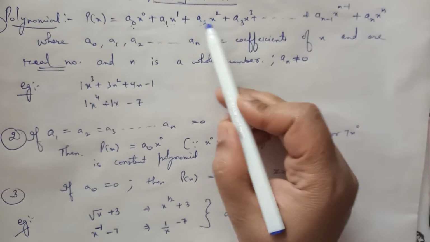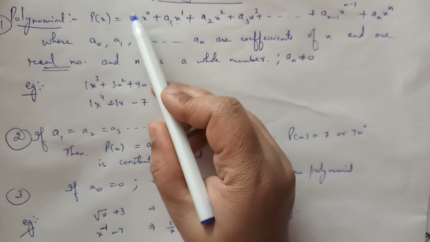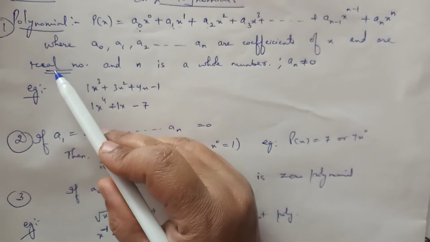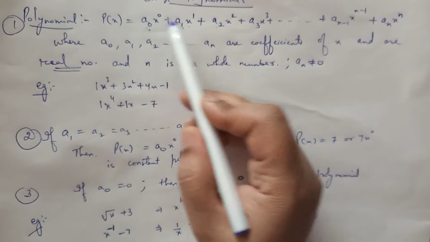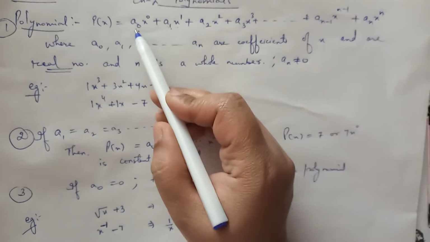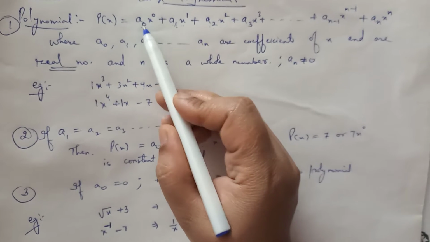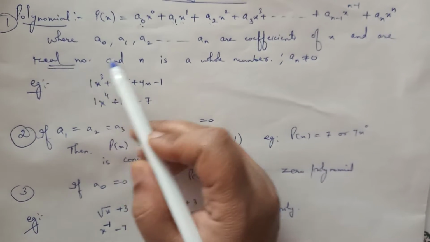So here the variable is x, it can be y also, and all these a0, a1, a2 are real numbers. Real numbers you have studied in your first chapter. It means these can be rational or irrational numbers. These coefficients can be under root 2, under root 3, pi.